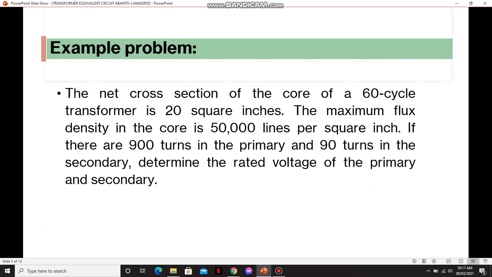The maximum flux density in the core is 50,000 lines per square inch. There are 900 turns in the primary and 90 turns in the secondary. Determine the rated voltage of the primary and secondary.